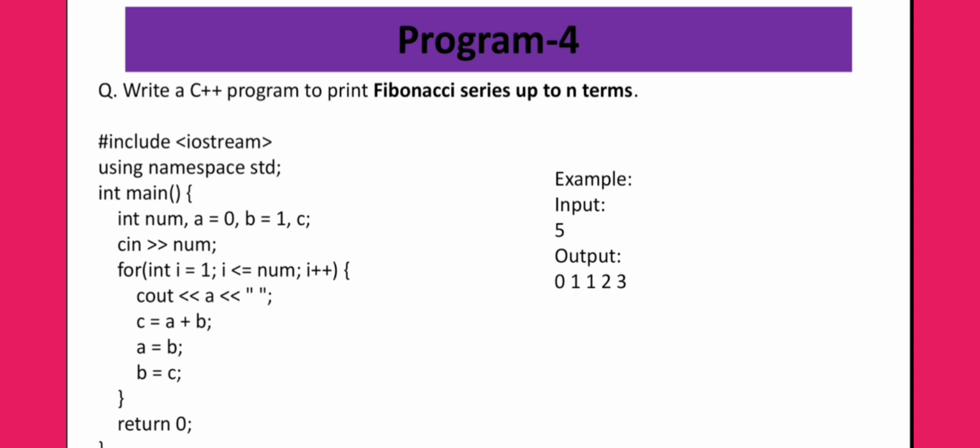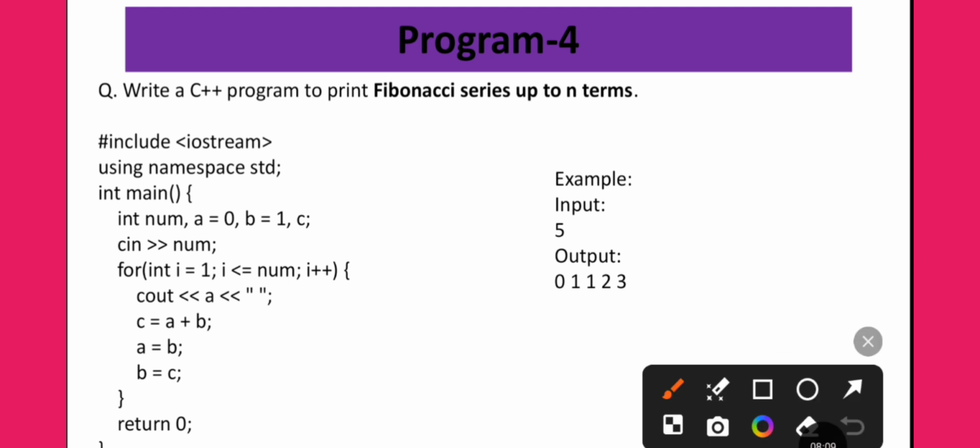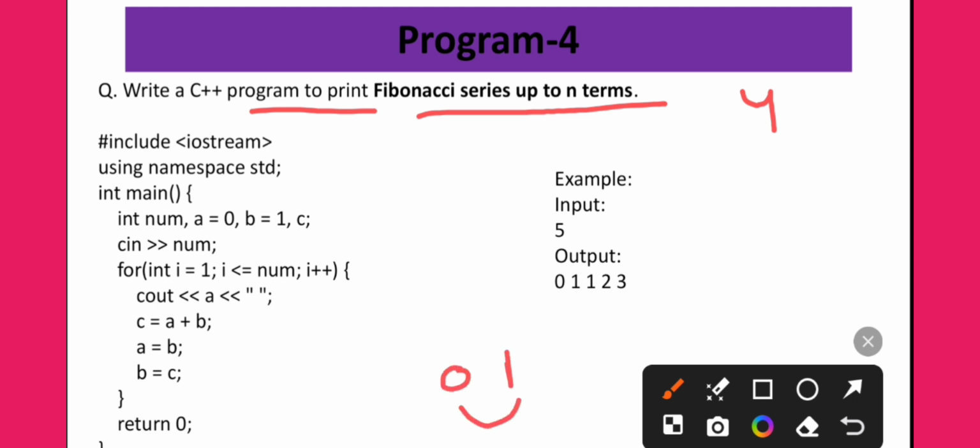Now question number 4: write a C++ program to print the Fibonacci series up to n terms. What is the meaning of Fibonacci series? For example, if we want to write up to 4 terms, initially we take 0, the second number will be 1, the third number will be 0 plus 1, that is again 1.